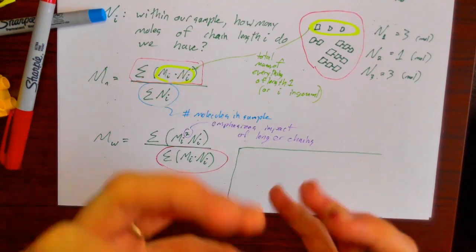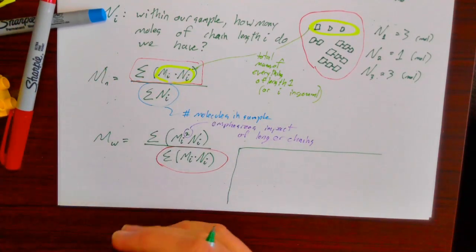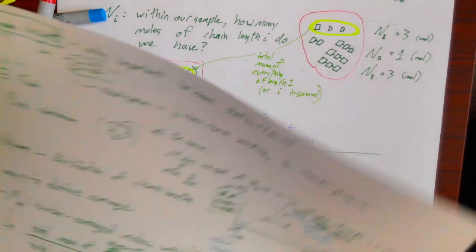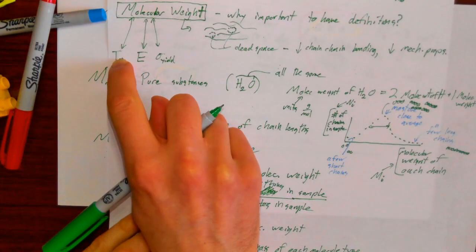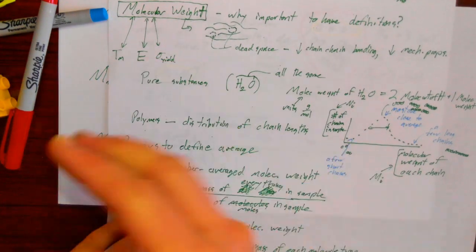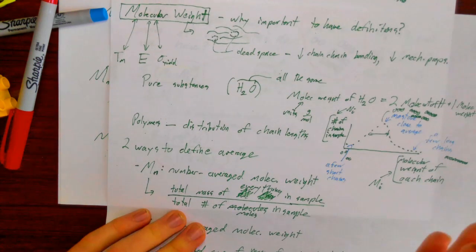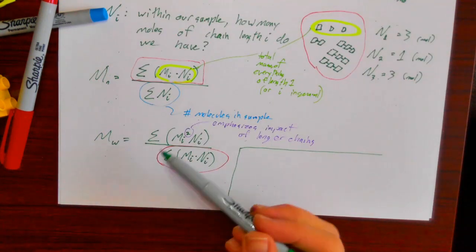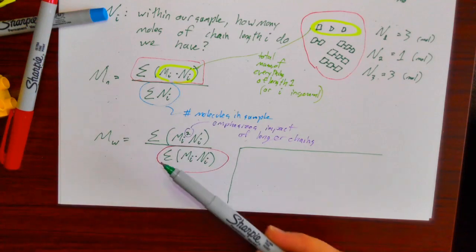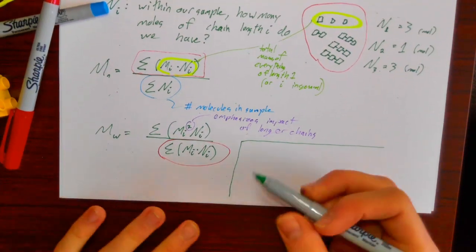So if you're trying to have some sort of quantitative prediction of melting temp or stiffness or yield strength or density, some of those predictions correlate better with M sub n, some of them correlate better with M sub w.